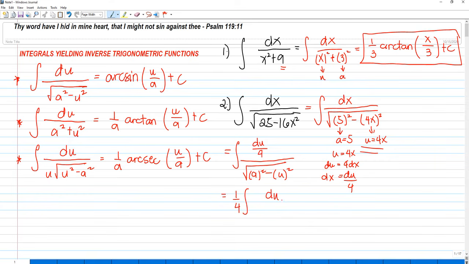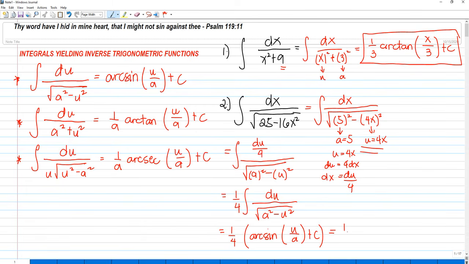We have du all over square root of a squared minus u squared, which is actually an integral yielding arc sine. So we have 1/4 multiplied by the integral of this, and the integral of that would be arc sine of u all over a plus c.